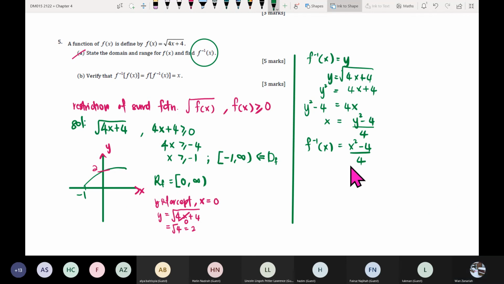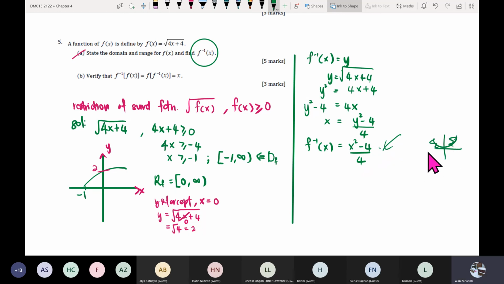Okay. So ini adalah function F inverse. Kalau kita nak lukis dia ni, boleh. Tapi takut dia punya restriction ni sebab kuadratik kan, dia ada dua side kan?